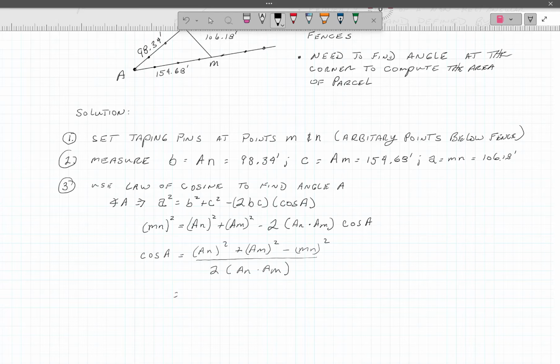It's easier to get this all sorted out first with the variables and then plug your numbers in.